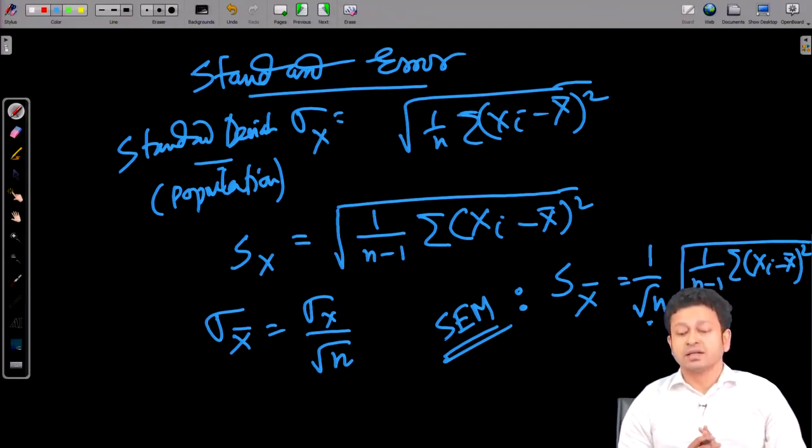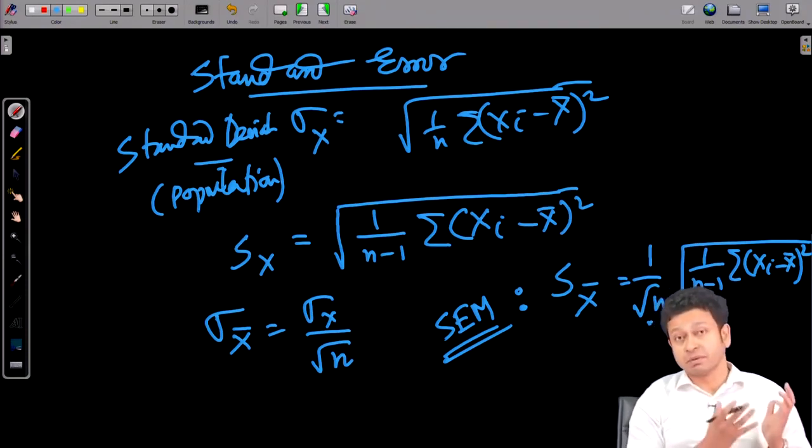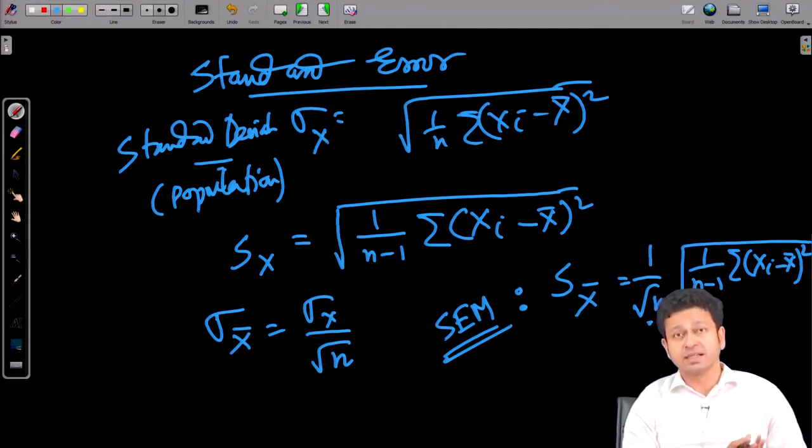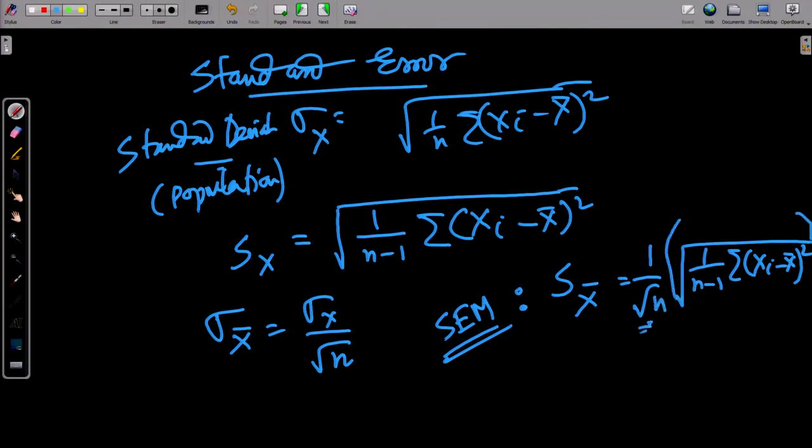Just remember this. What we are actually getting in the regression table is this standard error of the mean, and since we are calculating from samples, we don't have the population parameters readily available with us. So we divide the whole thing by the square root of n.